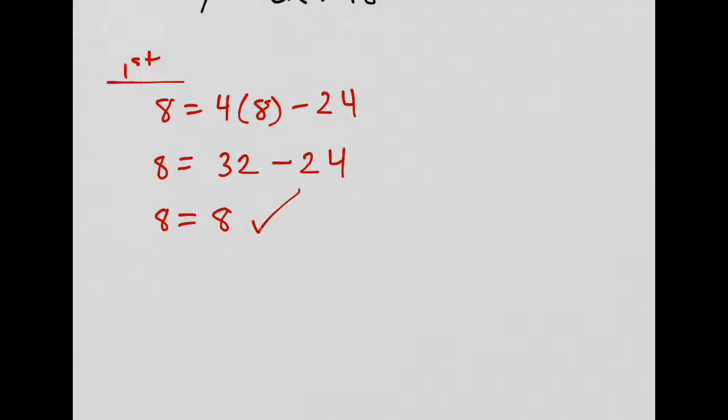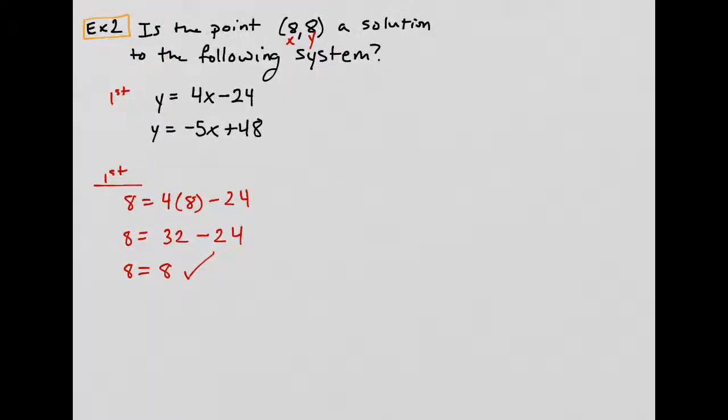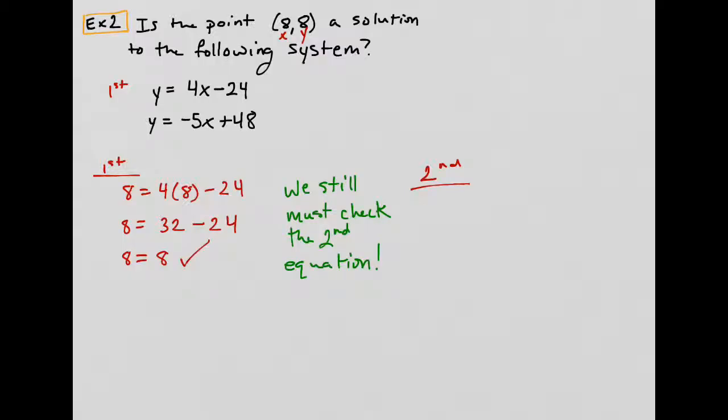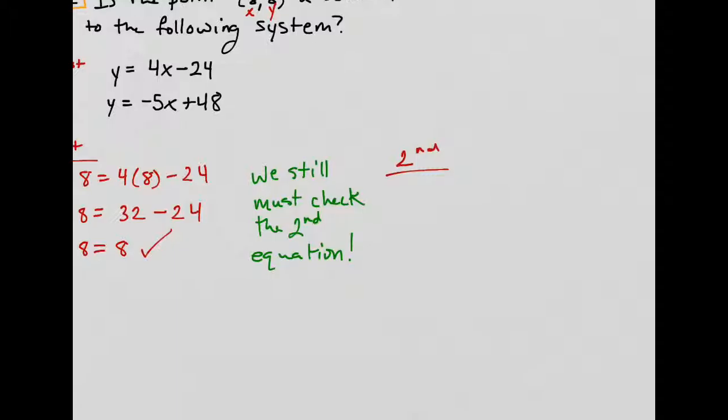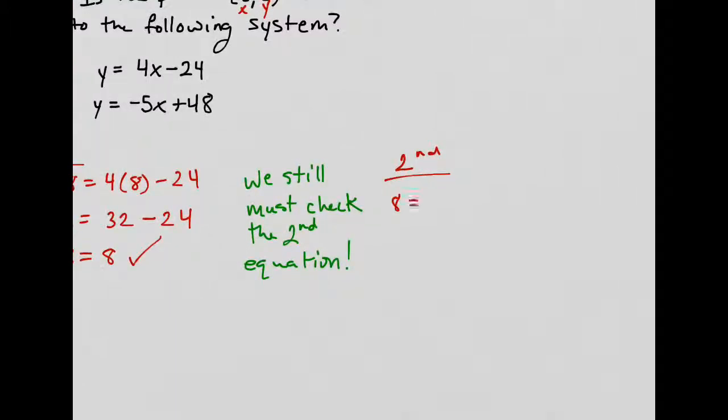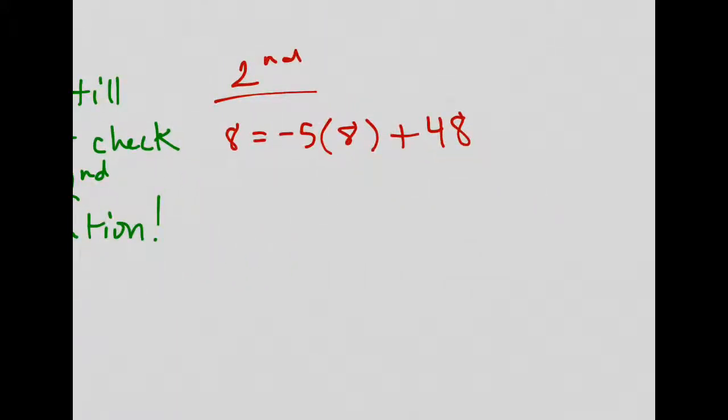But we don't know yet. We still have to check the second equation. We have to check both. So for the second equation, we have 8 equals negative 5 times 8 plus 48. Well, negative 5 times 8 is negative 40, plus 48.